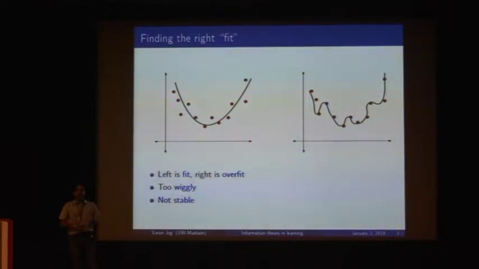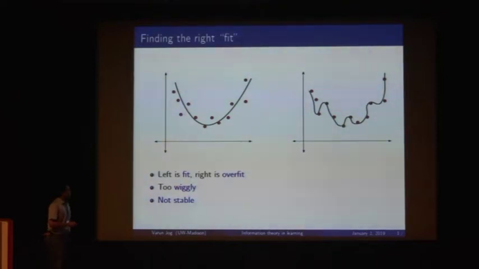So you could say it has a very high Lipschitz constant, or very high derivatives, or you can characterize this wiggliness or the stability of the function using some other language as well. But the intuition is the same, that on the right you have a very wiggly curve which seems wrong, and on the left you have a nice looking quadratic curve that seems to fit the points.